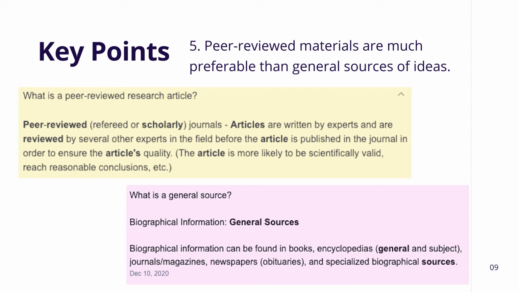Peer-reviewed materials are articles written by experts and are reviewed by several other experts in the field before the article is published in the journal in order to ensure the article's quality. The article is more likely to be scientifically valid, reach reasonable conclusions, etc. A general source can be found in books, encyclopedias, and specialized biographical sources.